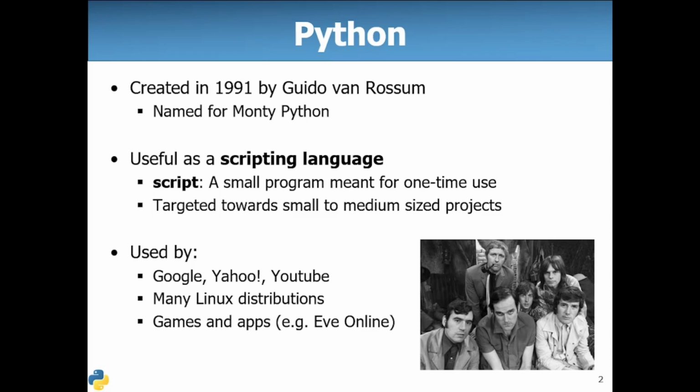Now we have a lot of libraries that allow us to use Python for organization-size projects, that's very large projects. Python is used by many companies and many products. For example, Google uses Python for YouTube and some of their products.